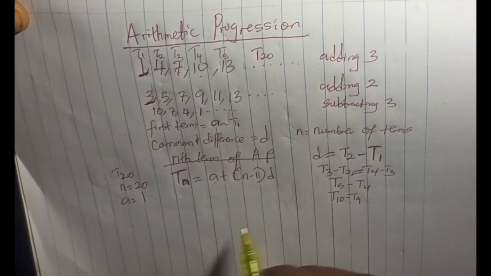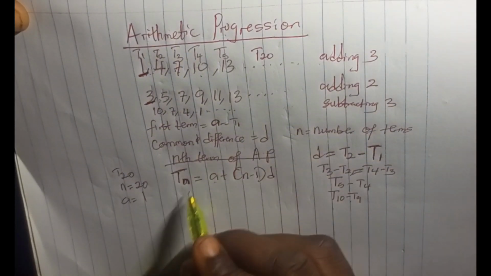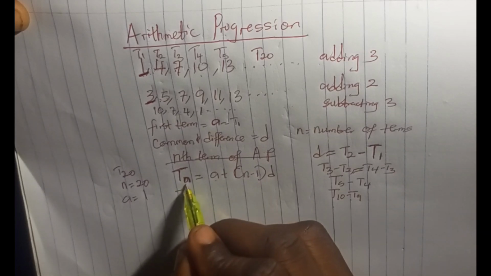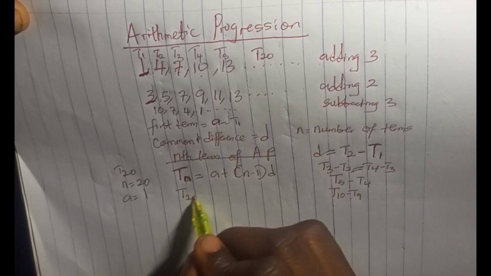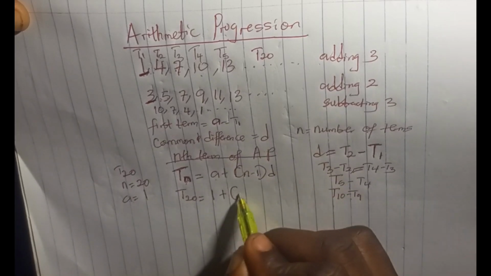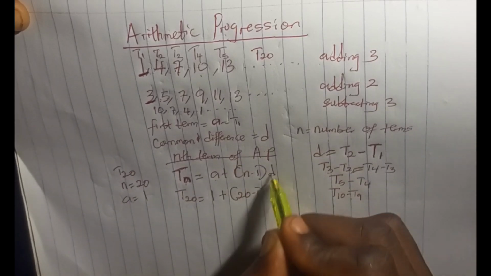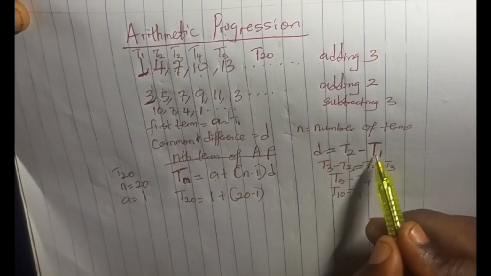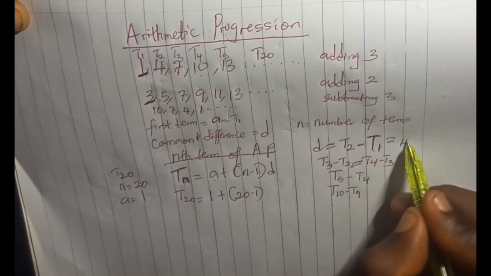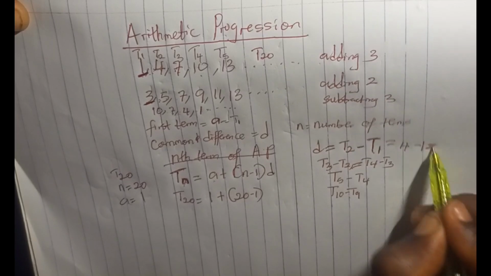Is that clear? So if I want to get T20, where n is 20, T20 equals a, which is 1, plus 20 minus 1 times the common difference, which is T2 minus T1. 4 minus 1 gives 3 as the common difference.